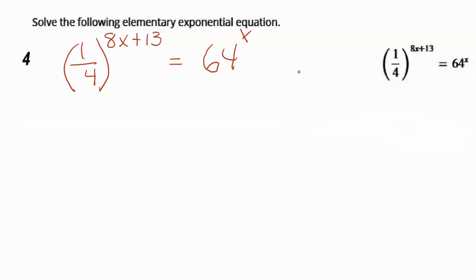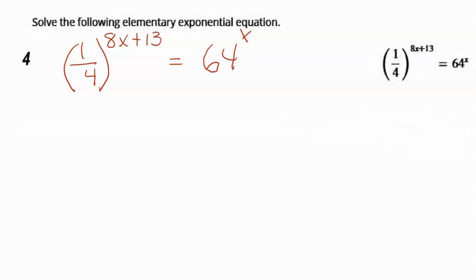Now, in doing this one, it says solve the following elementary exponential equation. Now, all of these in this section will have values for the exponents that are not decimals. They're going to be like whole numbers, integers. So the key is isolate the variables on one side if you can. And this one is pretty much, we have a variable on this side, variable on that side.